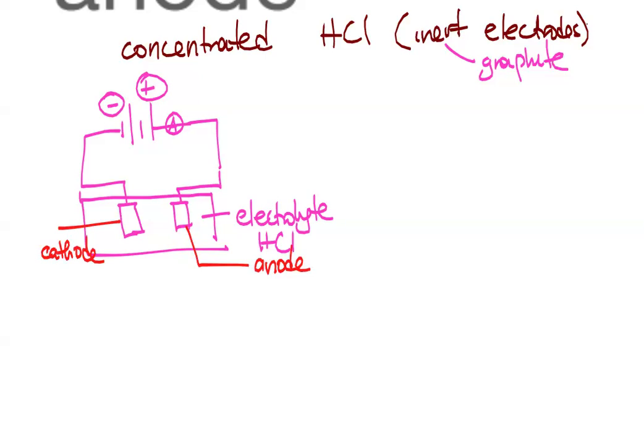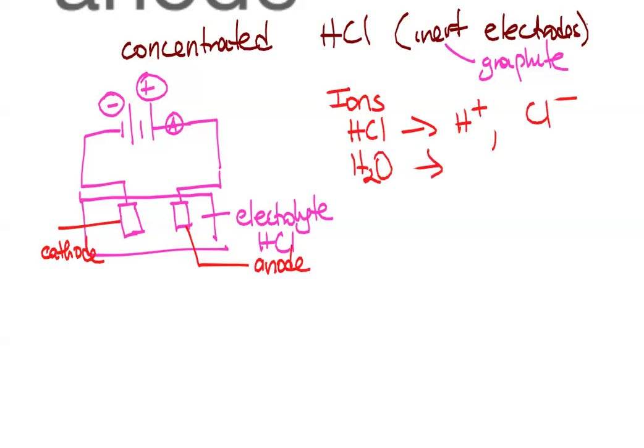It doesn't matter. So what ions do we have in here? In concentrated HCl, from the HCl, I have H plus and Cl minus. From the water, it's concentrated, yes, but water is still also present. I have H plus and OH minus.